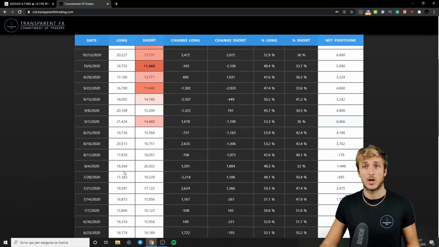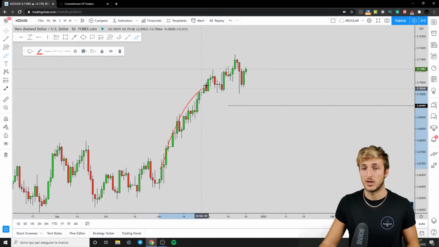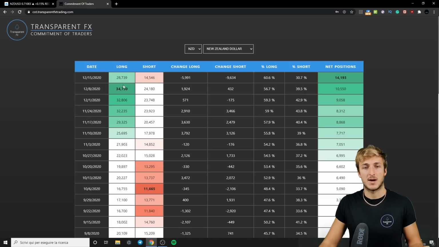And that is why we did expect the market makers to start taking their profits on the longs, because they had capitalized on all this move to the upside and they now have a massive exposure to the long side, and we do expect them to actually start taking some profits on all these long positions. And that is in fact exactly what they did, closing 5.9K long positions and decreasing their long positions to 28.7K.